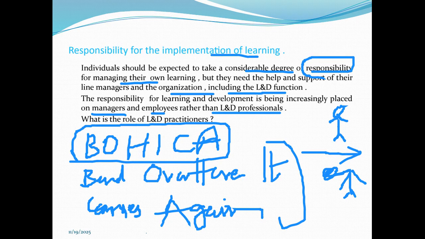So there is a motivation that has to be developed by the learning and development practitioners. What is the role of the learning and development practitioners? Their role is to identify the right kind of trainings, trainings that employees themselves understand or that link with their performance and their future job, so that the employees become motivated to take these trainings.